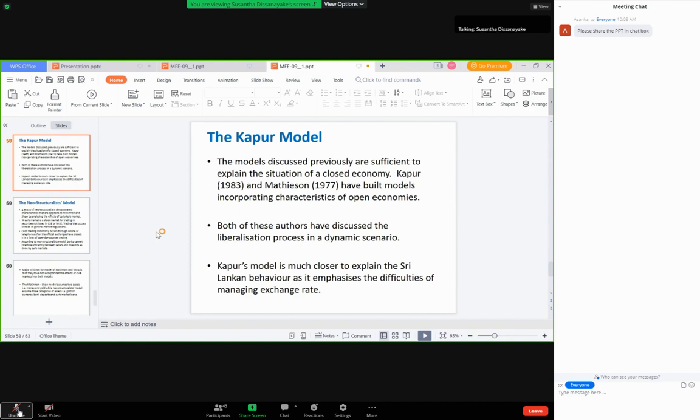So the ultimate result is a heavy demand for foreign currency, and that affects our exchange rate. Our currency ultimately depreciates because we rely on more and more importation.